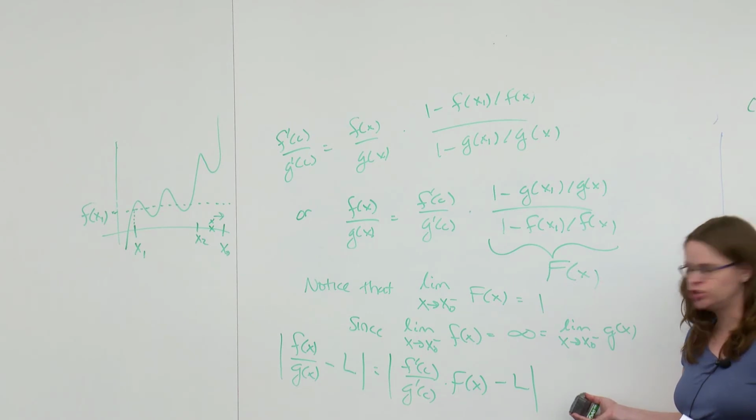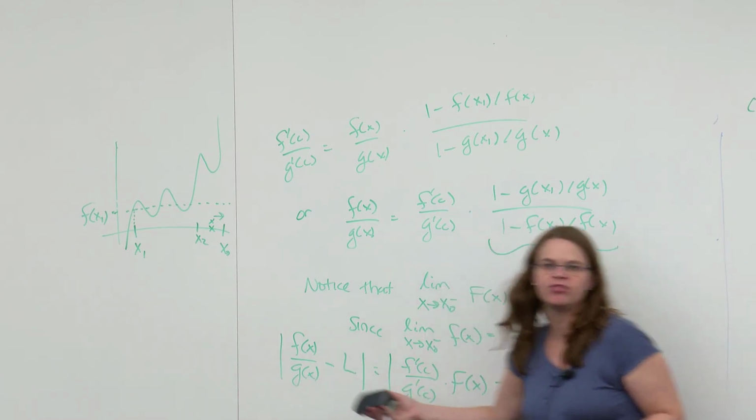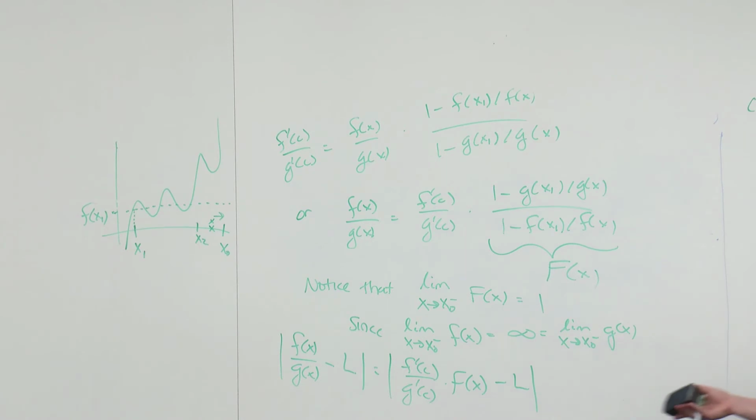Agreed? We're trying to show f of x over g of x minus L is less than something small, something like epsilon or something that depends on epsilon.